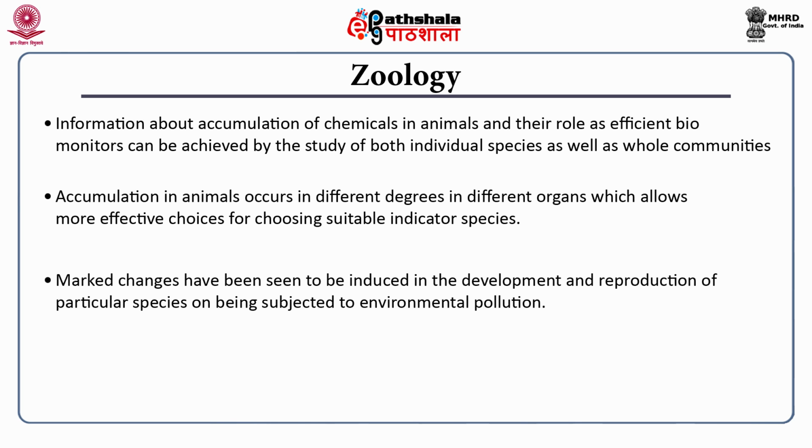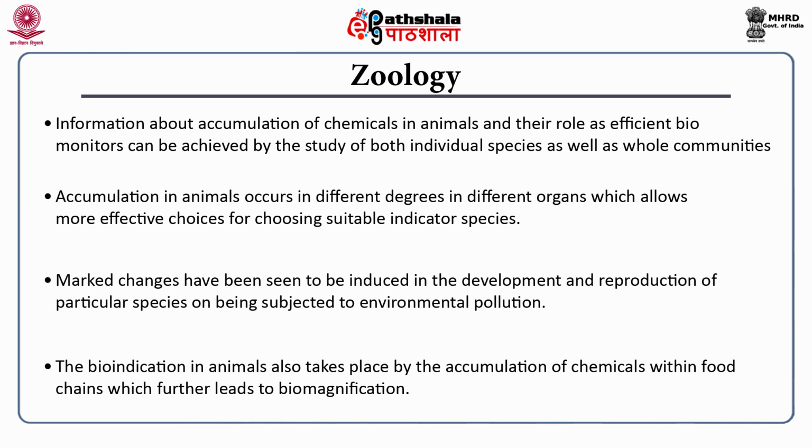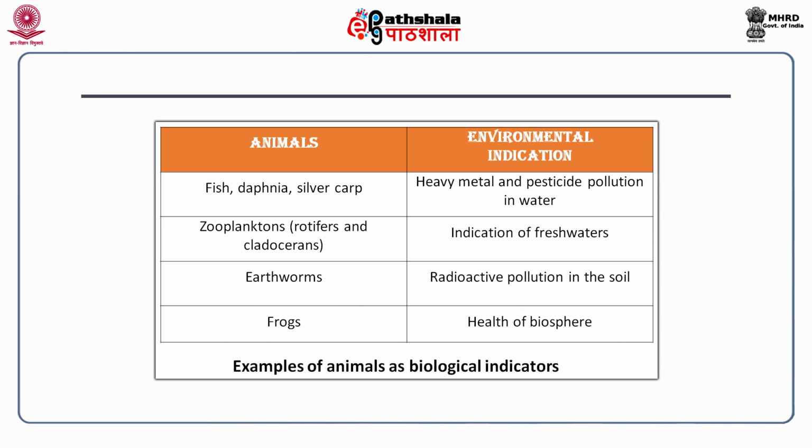Marked changes have been seen to be induced in the development and reproduction of particular species on being subjected to environmental stress as well as pollution. The bioindicators in animals also take place by the accumulation of chemicals within food chains, which further is responsible for biomagnification. Different animals which are indicators for different types of pollution are fish, Daphnia, silver carp.